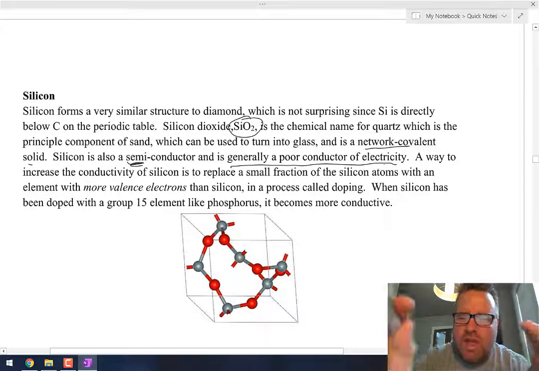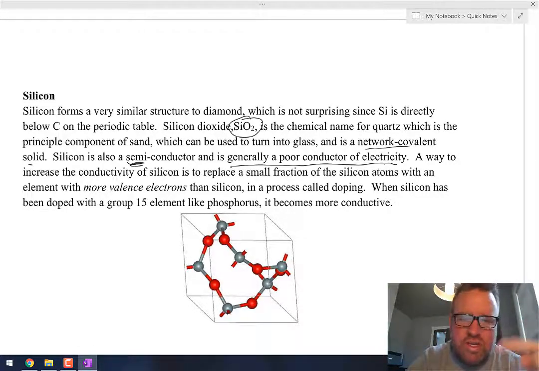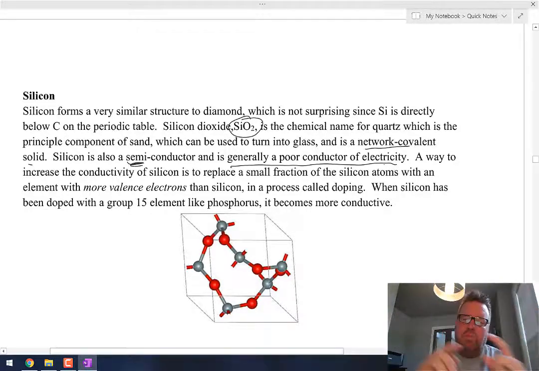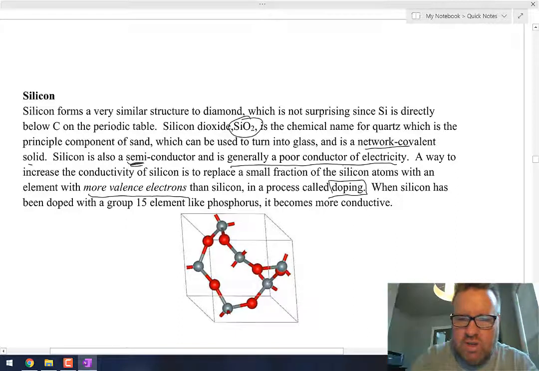Okay, one of the ways that you can improve the conductivity of silicon, which is what they do to it to make it conduct electricity better, is to take some of those silicon atoms out and replace them with an atom that has more valence electrons. Okay, this is called doping. It has nothing to do with drugs. Don't get excited.